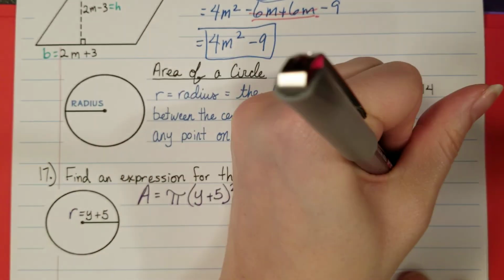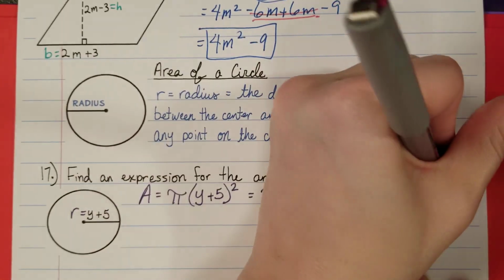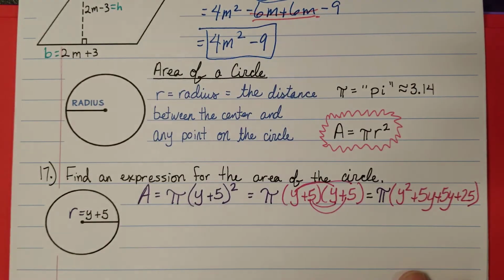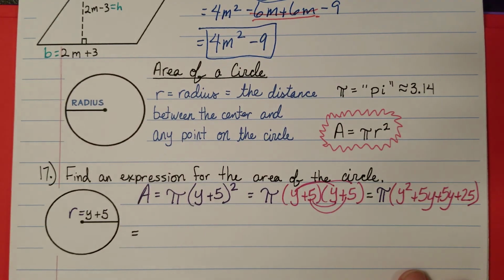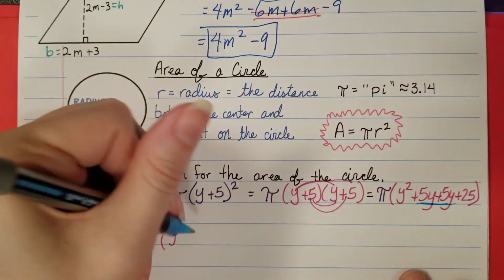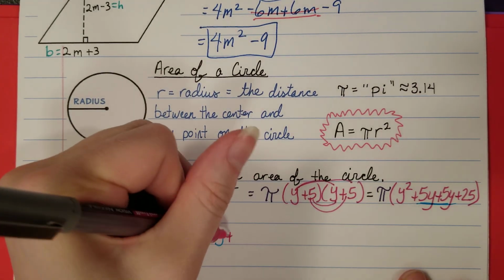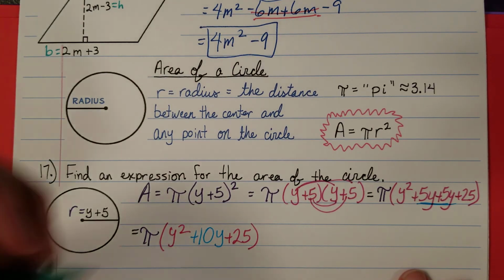So when we FOIL that, it's going to be y squared plus 5y plus 5y plus 25. Okay. Then we're going to combine the like terms, so pi is still going to be there. We still have y squared, but we're combining the like terms. 5y plus 5y makes 10y. Bring down plus 25. All right, and then finally we're going to distribute the pi.